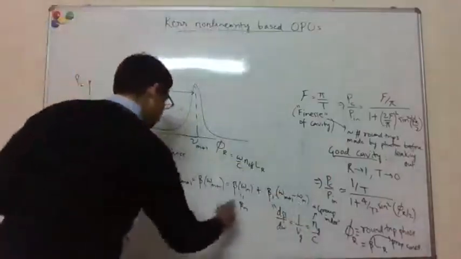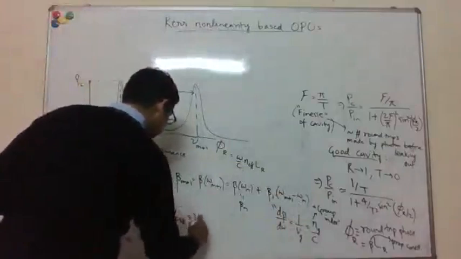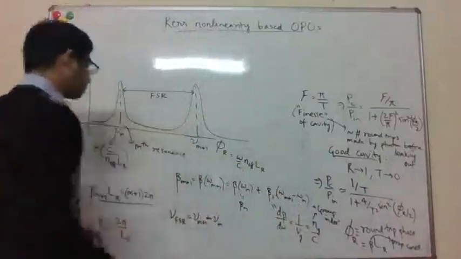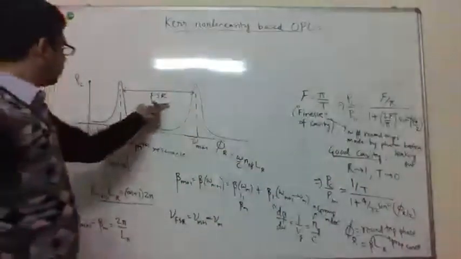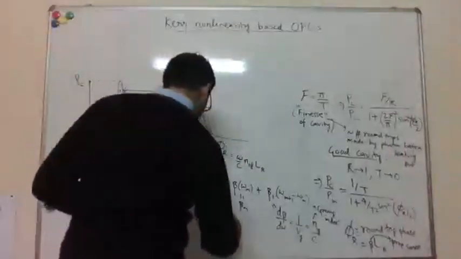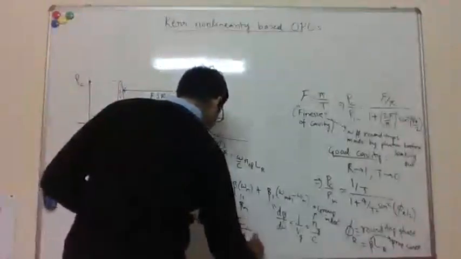So from there, you can get the FSR, the free spectral range of the cavity, which is the frequency difference between consecutive resonances, as c over Ng times LR.